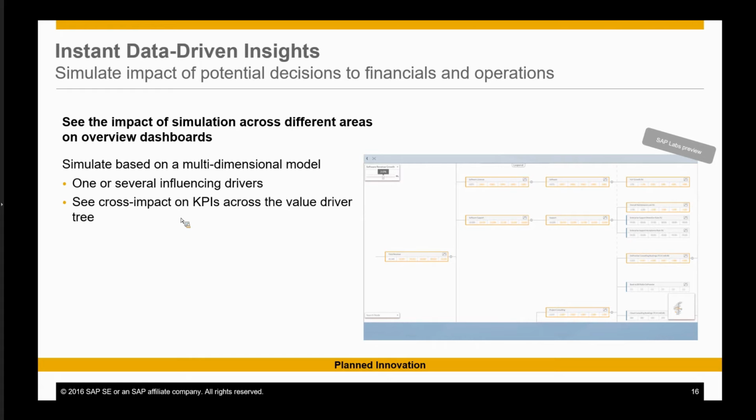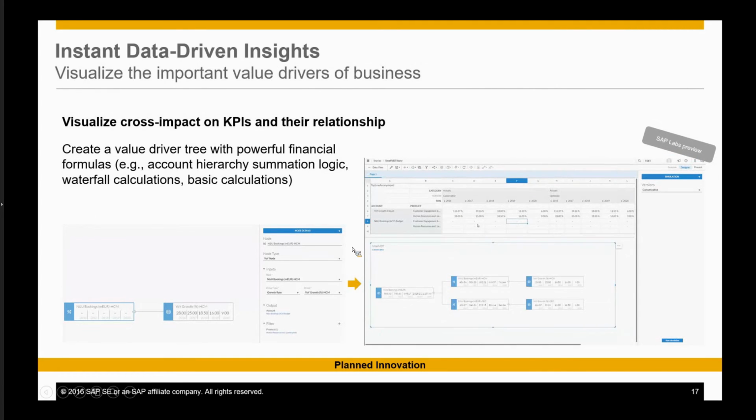The value driver tree is basically used to help run the impact of simulation across the different business areas. You should be able to see the affected outcome as well as the key driving influences which help drive decision-making for the financials and operations of your company.